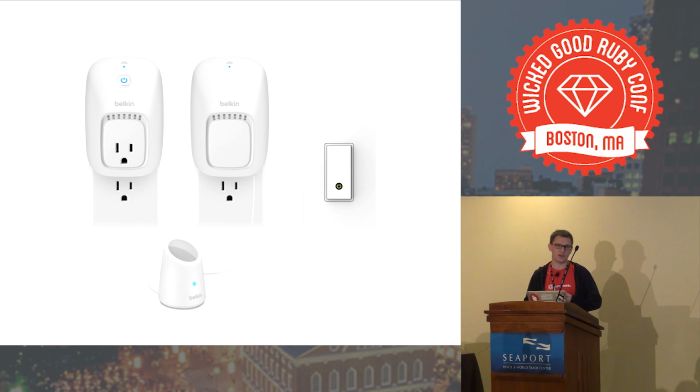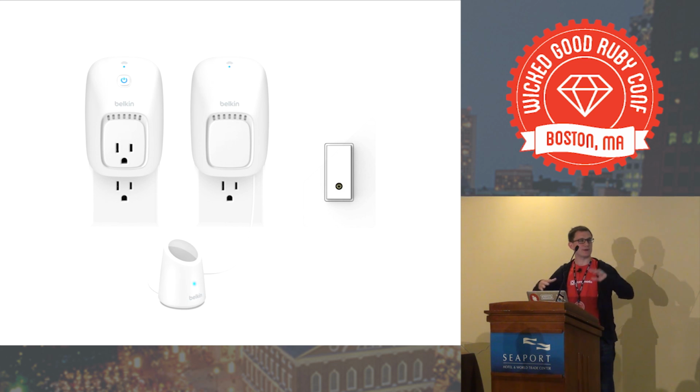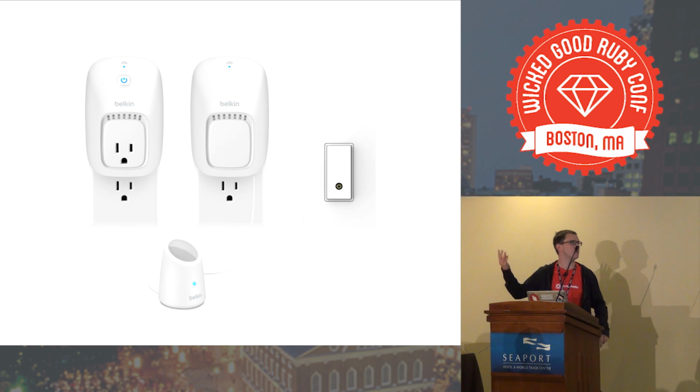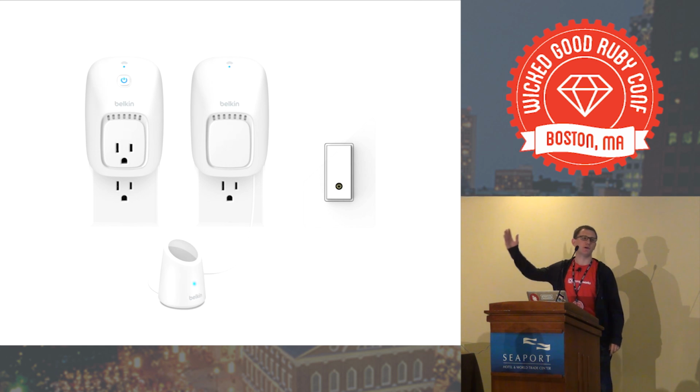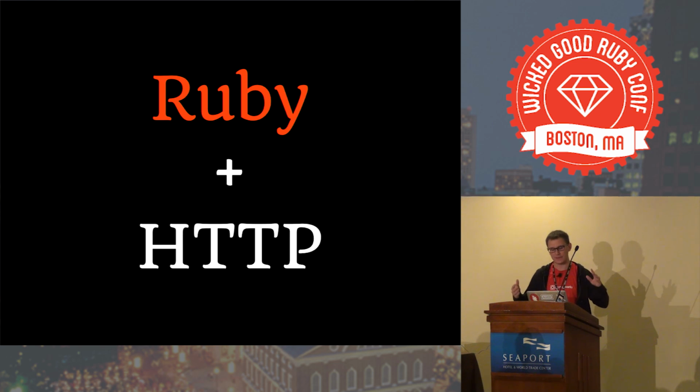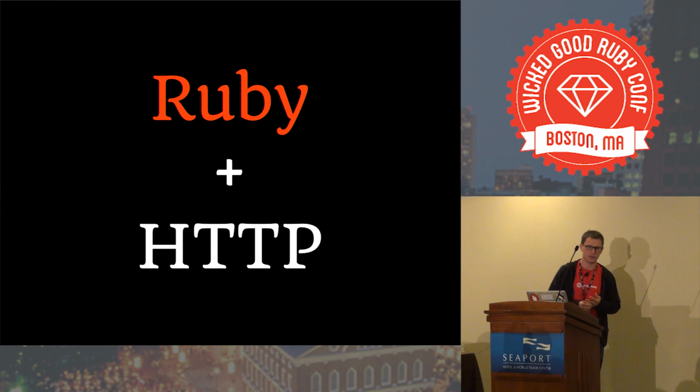You can set up triggers through their app or through a service called If This Then That. And you can make your house do things depending on external stimulus. Like if you have a Craigslist search for a certain item you want to buy, turn a light on for me. I don't know. Basically, anything that has an HTTP API, you can talk to from Ruby.